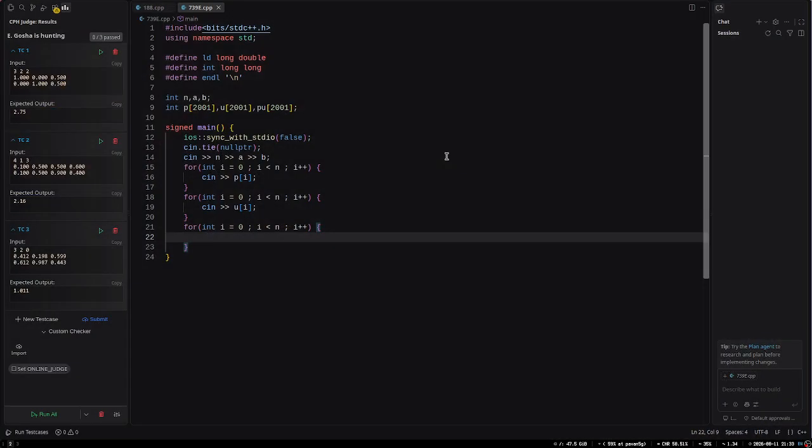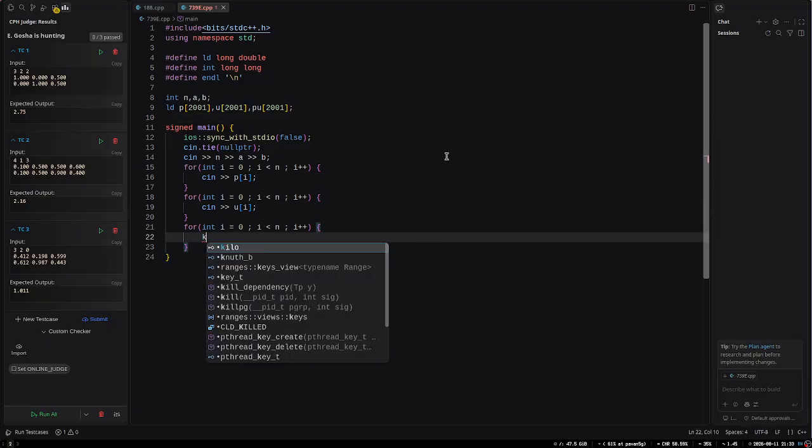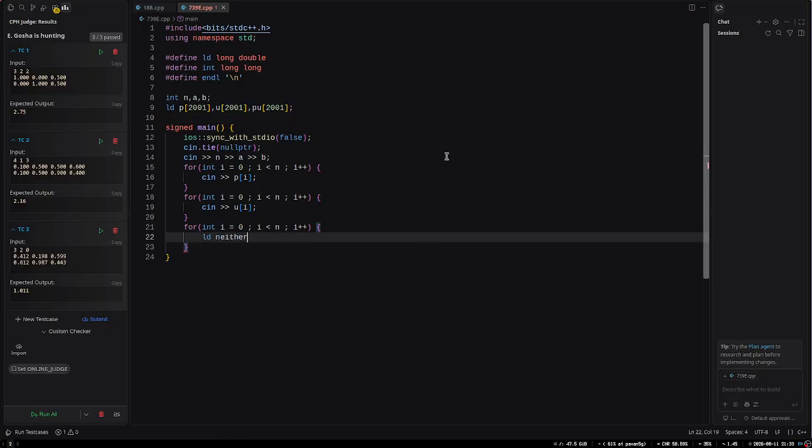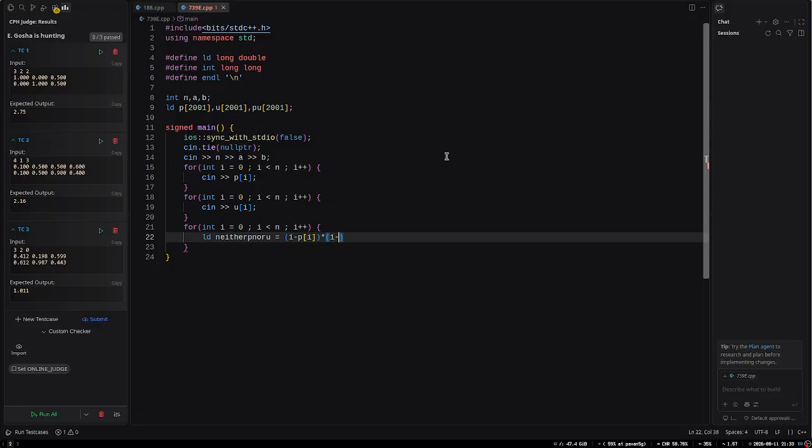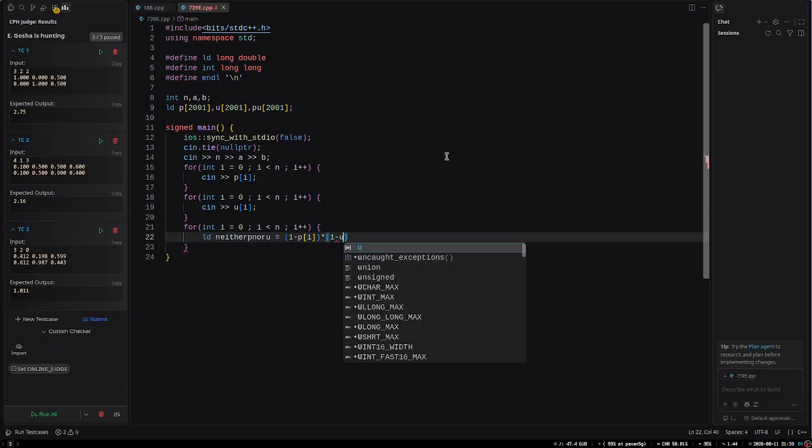By the way, these arrays should be of type long double, my bad. Long double neither Pokeball nor Ultra Ball is equal to 1 minus P of i multiplied by 1 minus U of i.